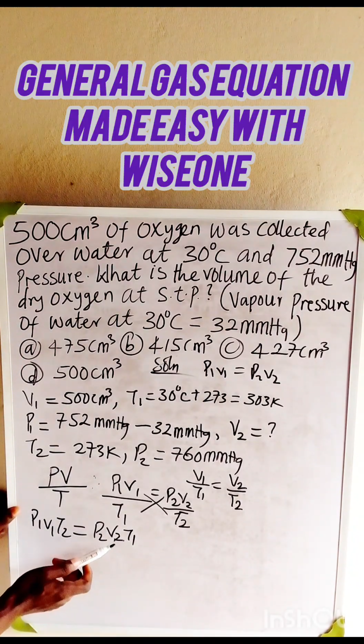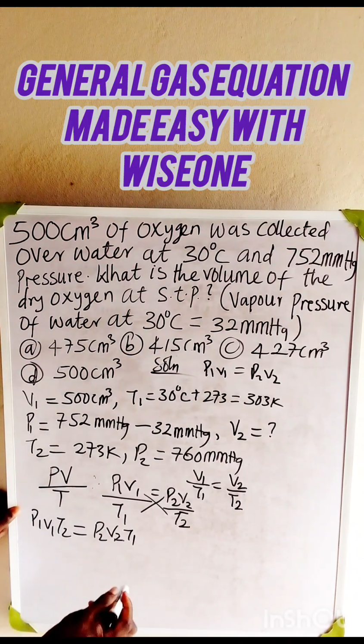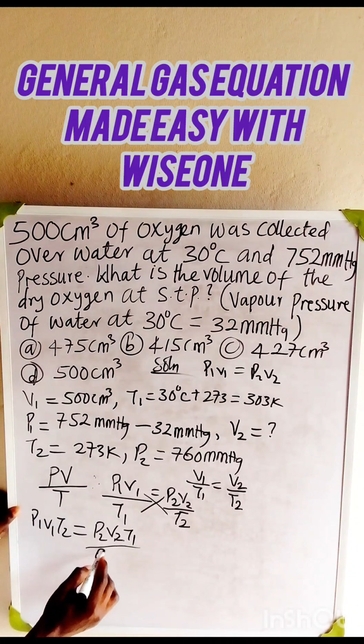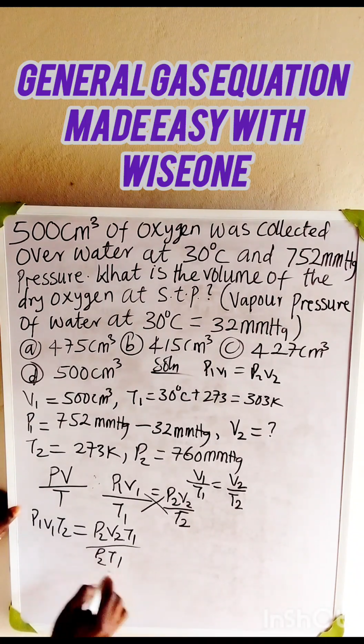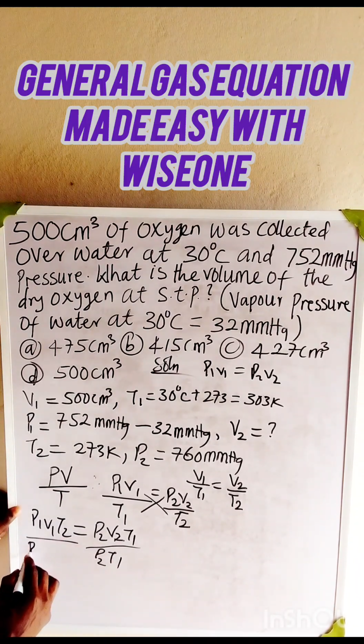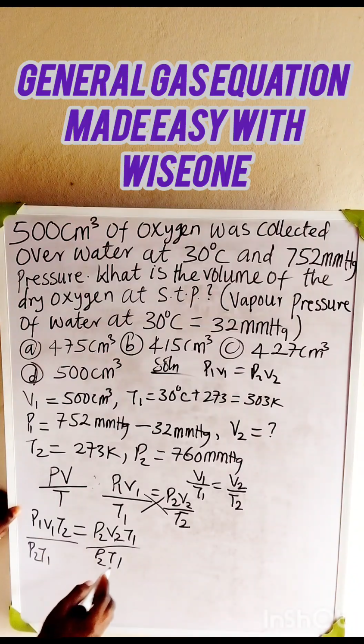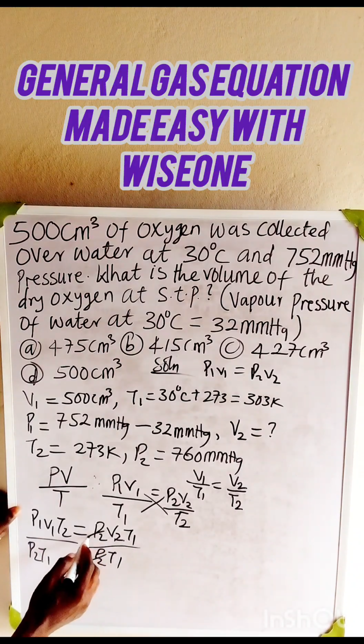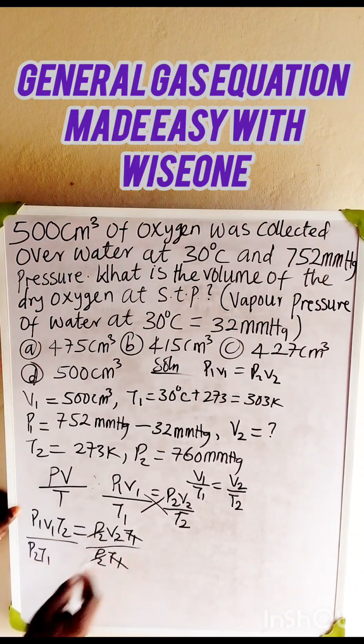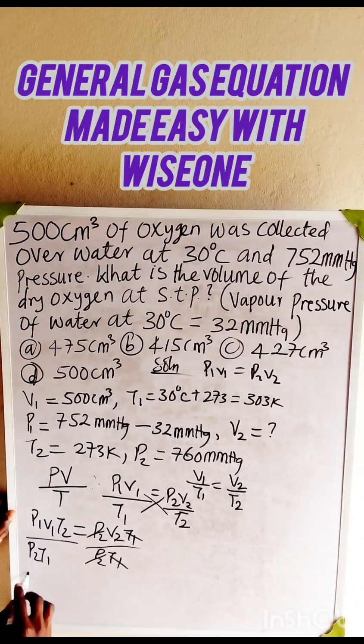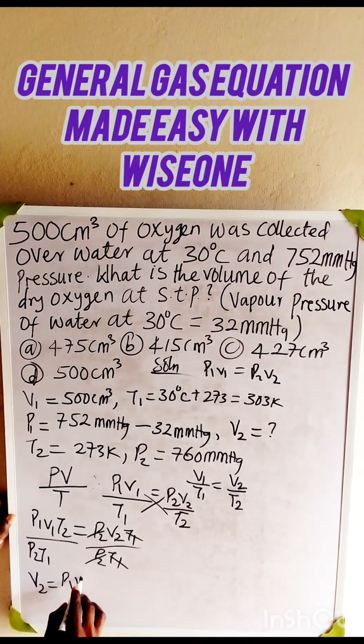To make V2, the final volume, the subject, we divide through by P2 T1. P2 will cancel P2, T1 will cancel T1. So our V2 will be equal to P1 V1 T2 all over P2 T1.